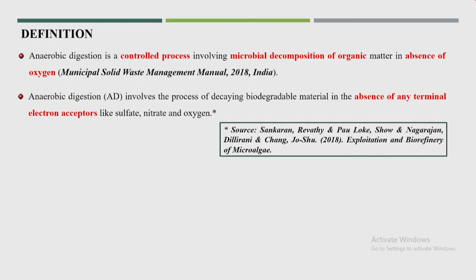But technically, anaerobic digestion involves the process of decaying organic matter in the absence of any terminal electron acceptor like sulphate, nitrate or oxygen. In this case the major electron acceptor is oxygen, so in the same way we can say the absence of oxygen.